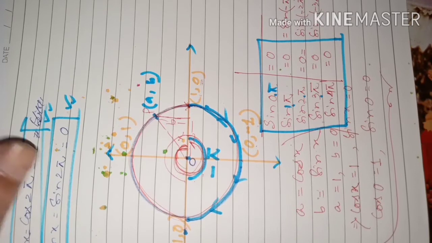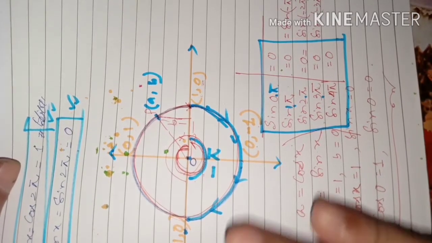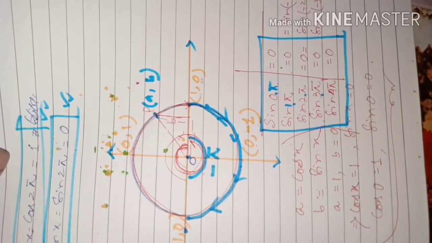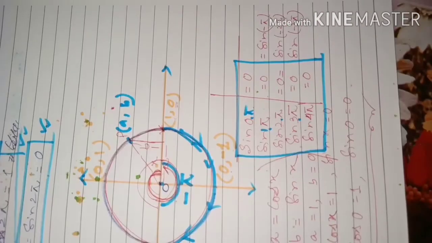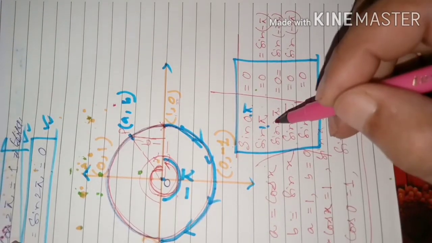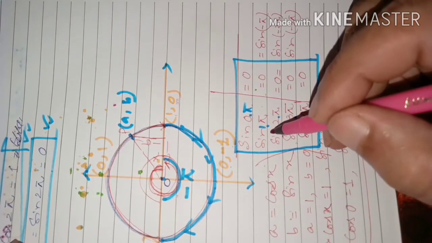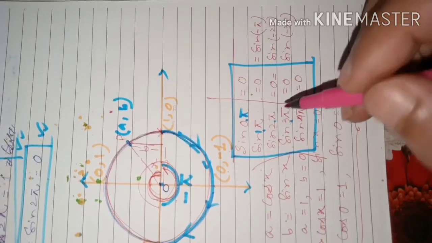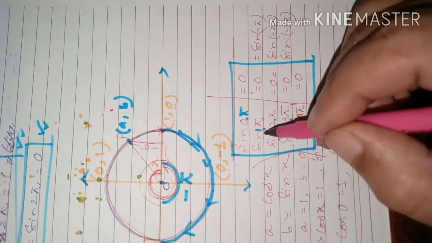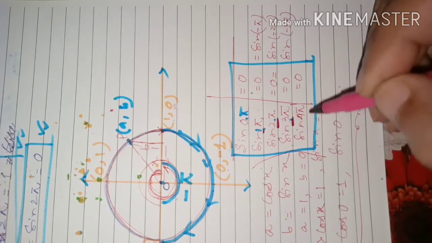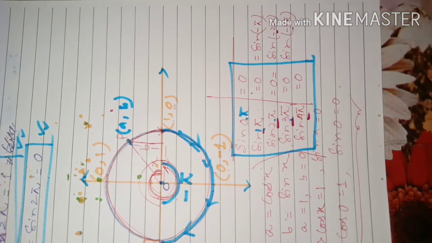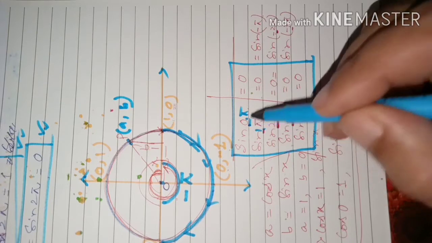I said odd multiple and even multiple earlier, but that was a mistake. It is integral multiple of pi: 1, 2, 3, 4, minus 1, minus 2, minus 3, all these are integers, and 0 is an integer.